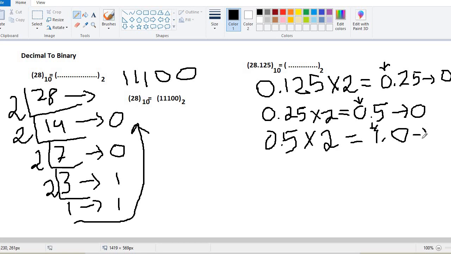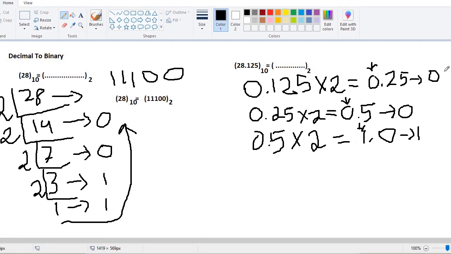Right? So now how will we read it? After the decimal we will read it in the downward direction. Mind it, before the decimal we used to read it in the upward direction, right? From here to here. Now we will read it in the downward direction.